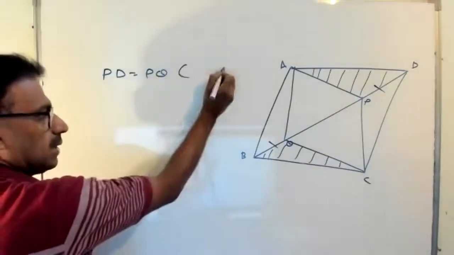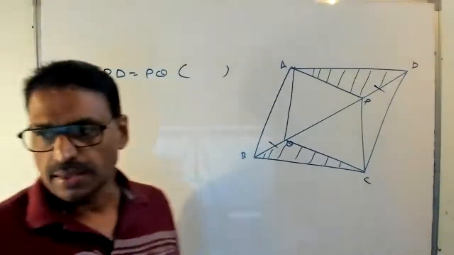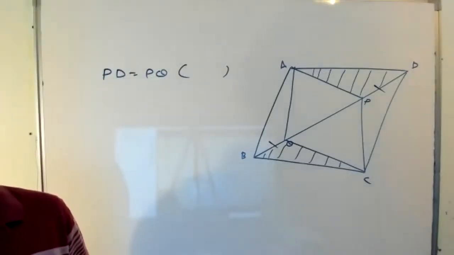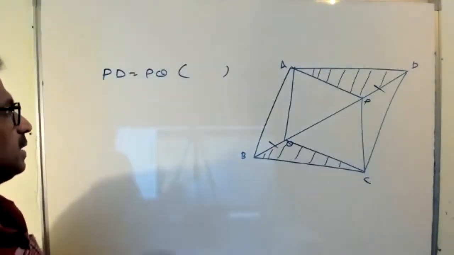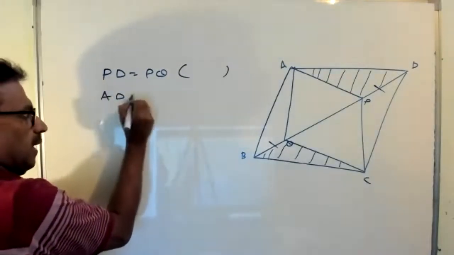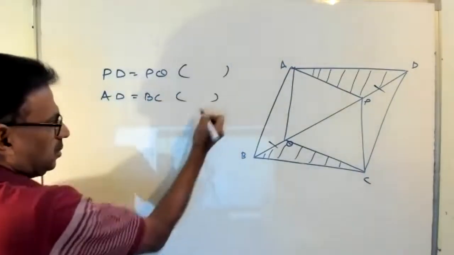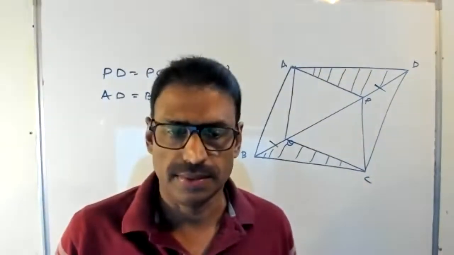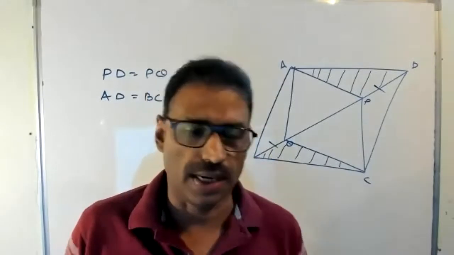Don't write, I'll give the note, don't write anything. Then after that, any other sides? AD and BC. Okay, that is also correct. AD equal to BC, opposite sides of parallelogram are equal. Then any other side or angle?